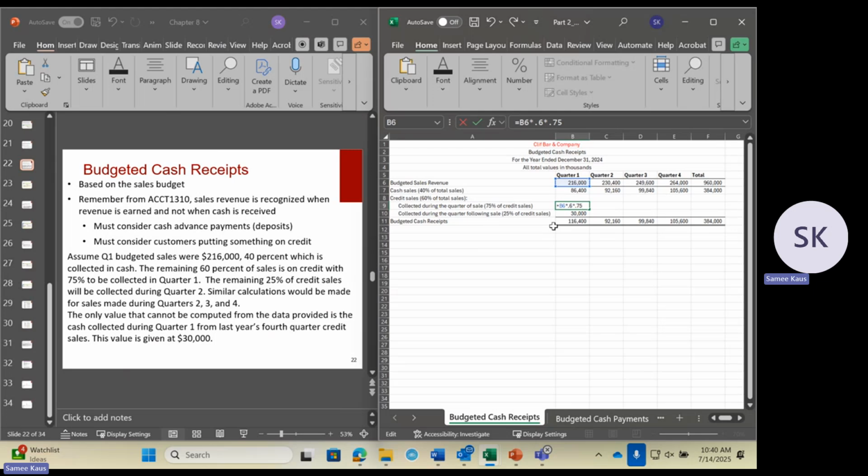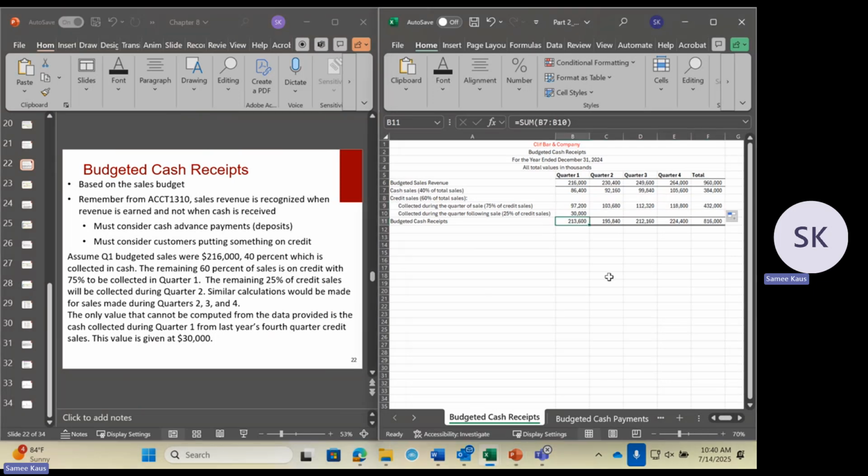Well, that crosses quarter lines, right? So you have to make sure you're specifying how much is left over, how much is in credit, and then how much am I collecting during this quarter? So I'm going to pull that all the way through. Now it tells me that the remaining 25% is going to be collected during the next quarter.